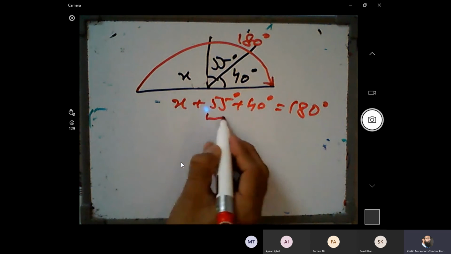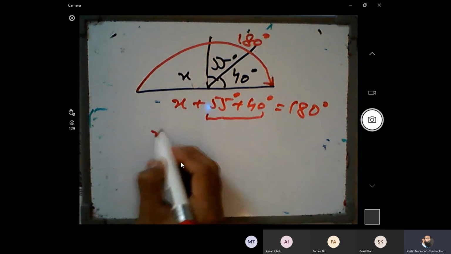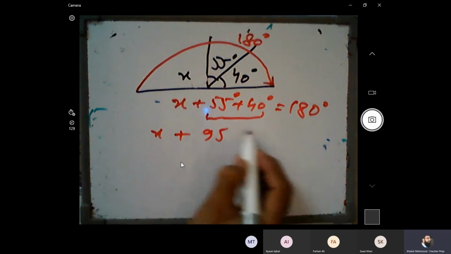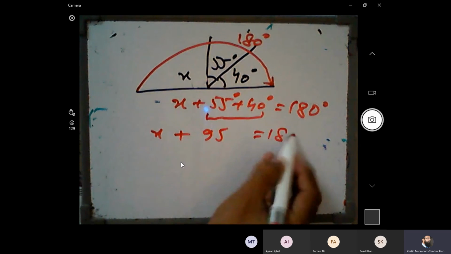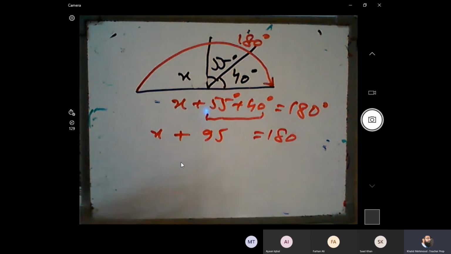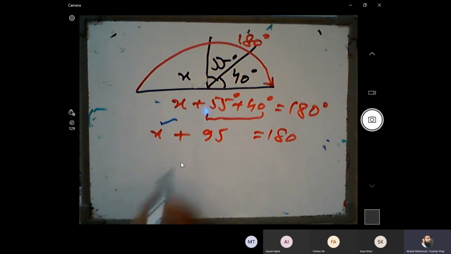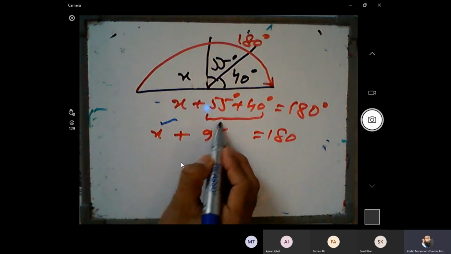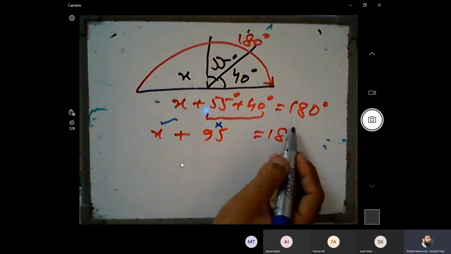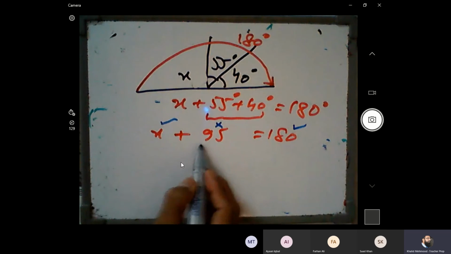First of all, we'll add the numbers with the numbers. So x plus 95 is equal to 180 degrees, and now this is an equation. In this equation you can see that the variable is on the variable side, but the number on the variable side is in the wrong place, and the number on the number side is in the right place. So we'll be solving this one.